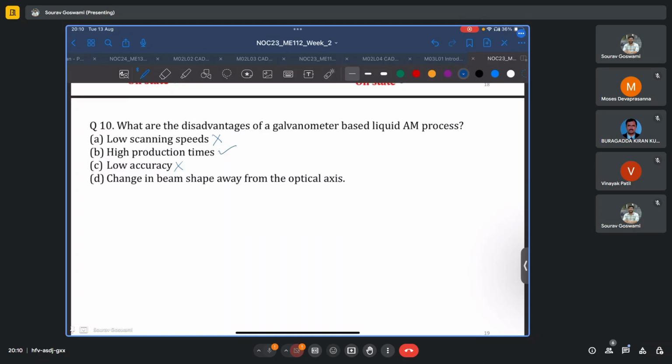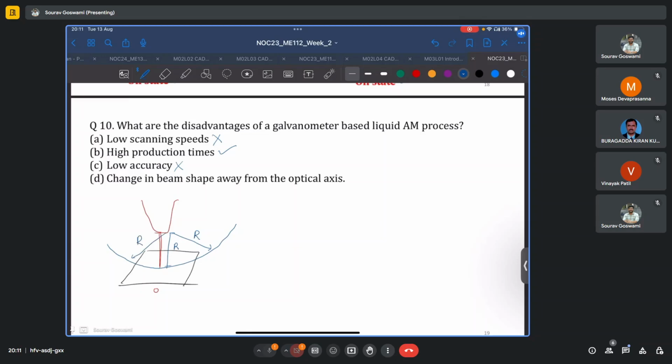The change in beam shape away from the optical axis. This is something we already discussed during our lecture today, that near the optical axis or at small deflections from the optical axis, the beam profile is still circular, and it will remain circular if we are to move it along this sphere space.